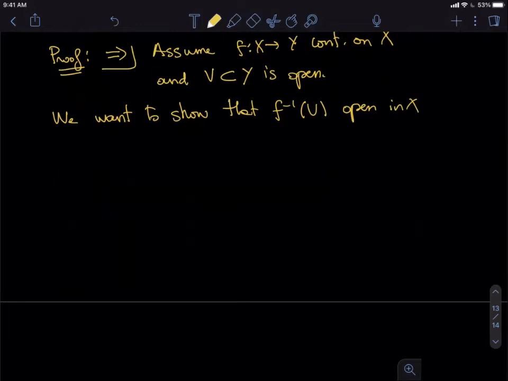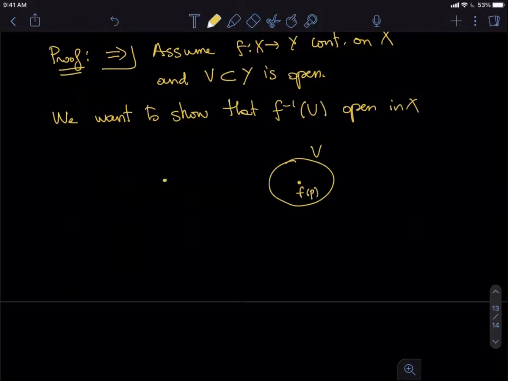So let's do another picture. So this is our V, okay? And we are going to take some point in V, sorry, not P, because this is in the image. Let's call it F of P, okay?